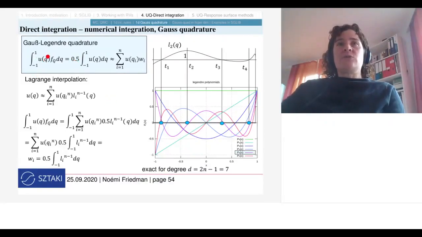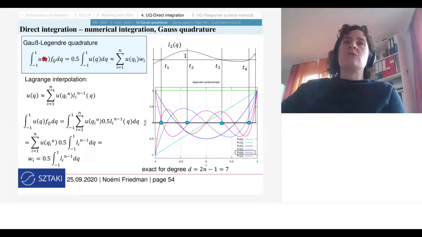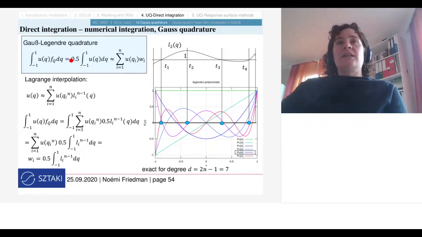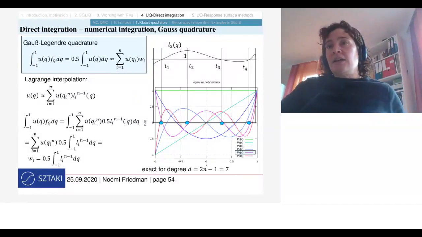Then I need to integrate this u of q function weighted by the probability distribution function of q, where I suppose that q is a uniformly distributed random variable bounded by -1 and 1. This is the term that I have to compute, and this will be its approximation, where I present a 4-point rule.